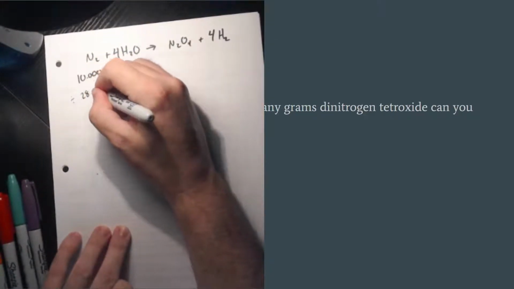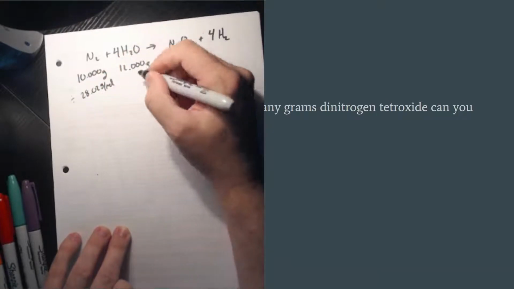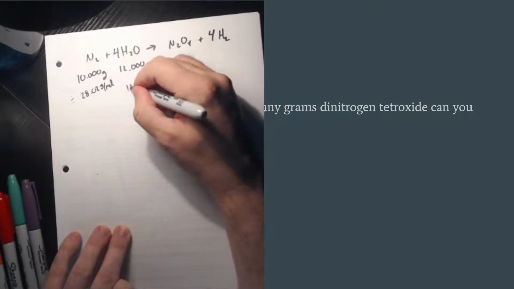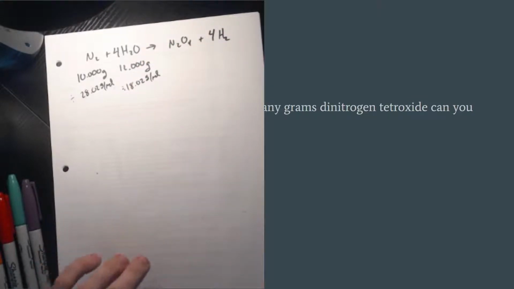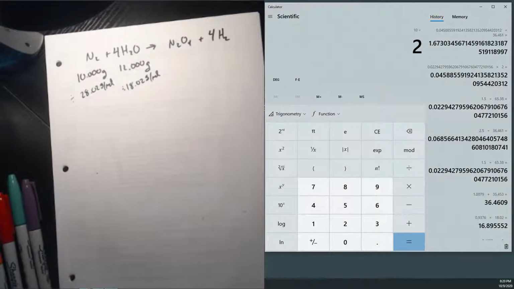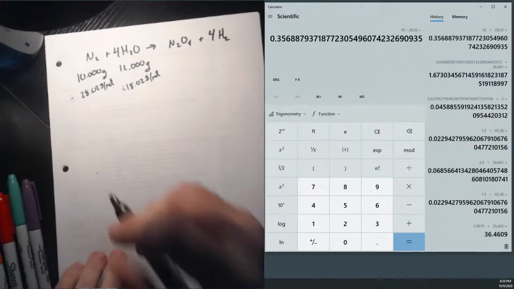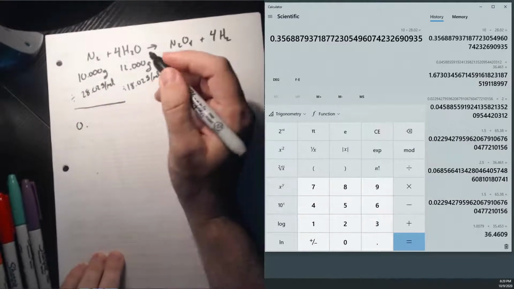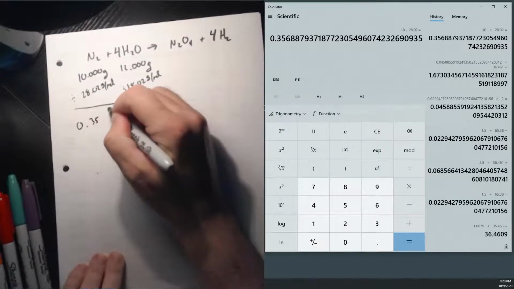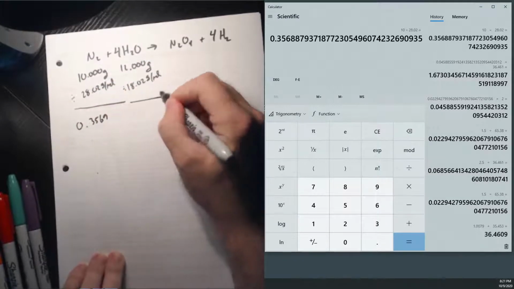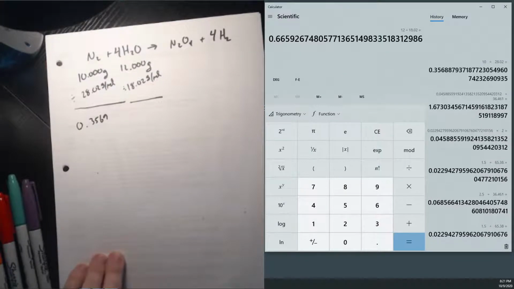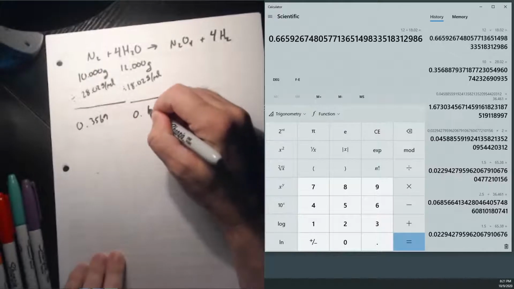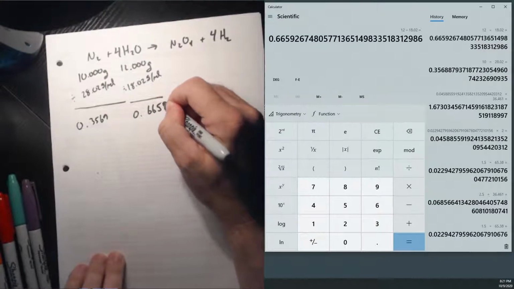So 28.02 grams per mole, 18.02 grams per mole. 0.3569, 0.6659.